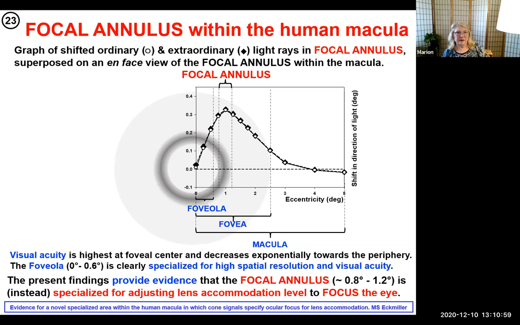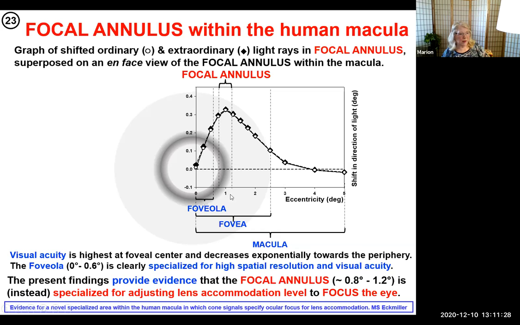So here is a diagram of the fovea of the eye, and shown shaded in gray is this circular annulus. And I've superimposed the graph of the shifted light direction for the cones in the foveal focal annulus. So the whole macula goes out to here.